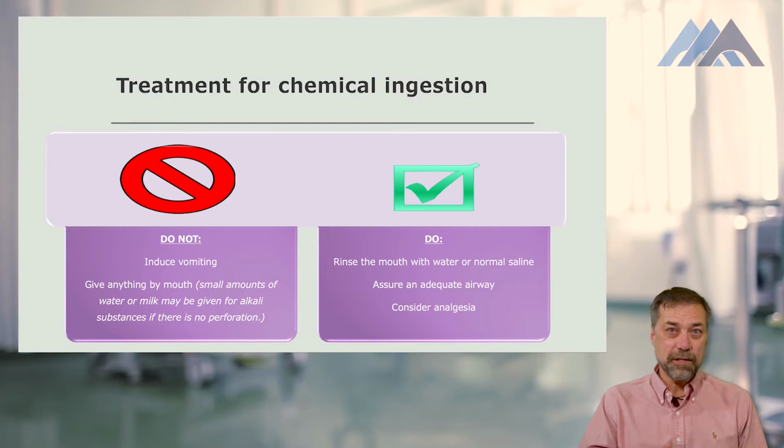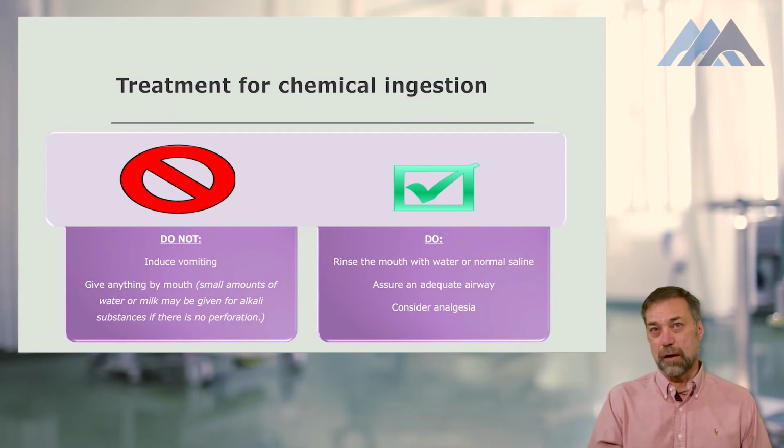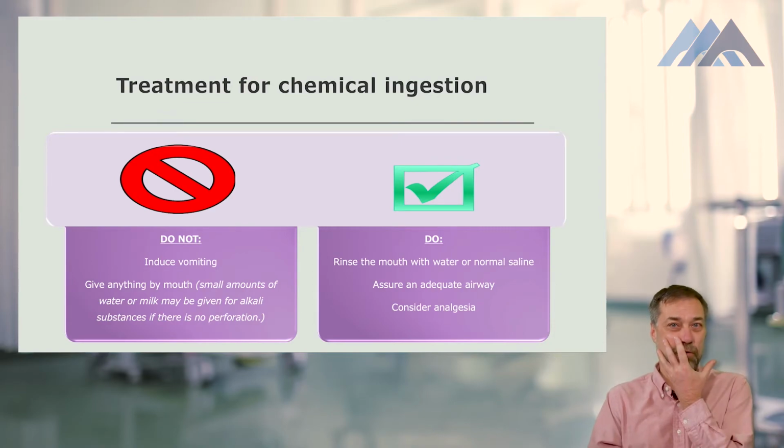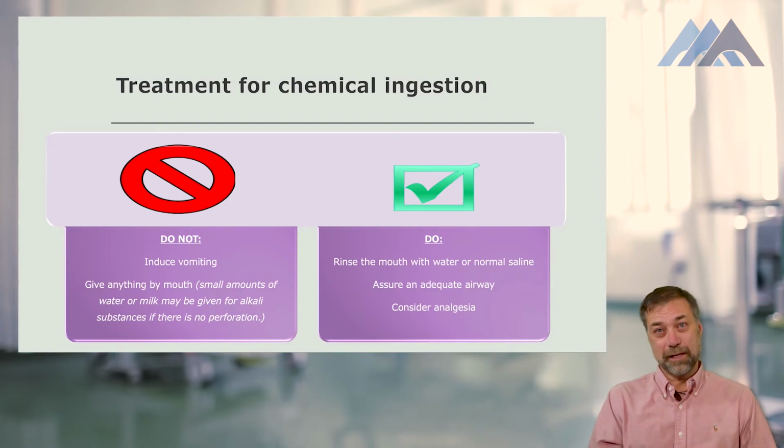So if there's any place in your body to put a substance with an abnormal pH, it's your stomach, not your esophagus, not your throat. That's very delicate tissue that can be injured easily, but your stomach is hardy. So once it's in the stomach, leave it in the stomach. Do not induce vomiting. In fact, we want to discourage vomiting. And do not give anything by mouth.